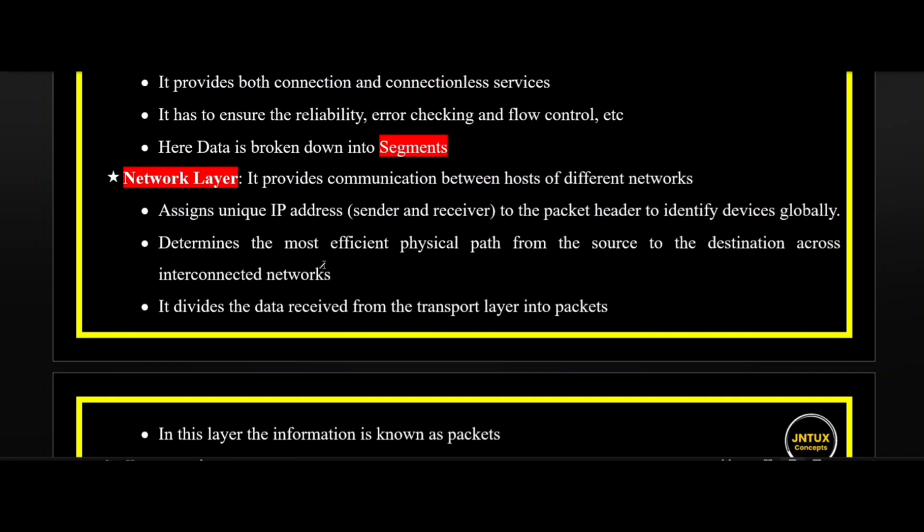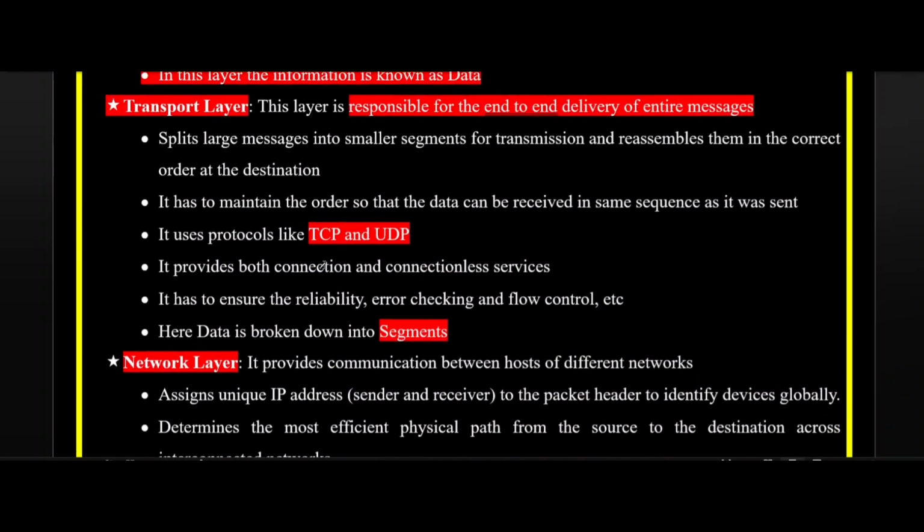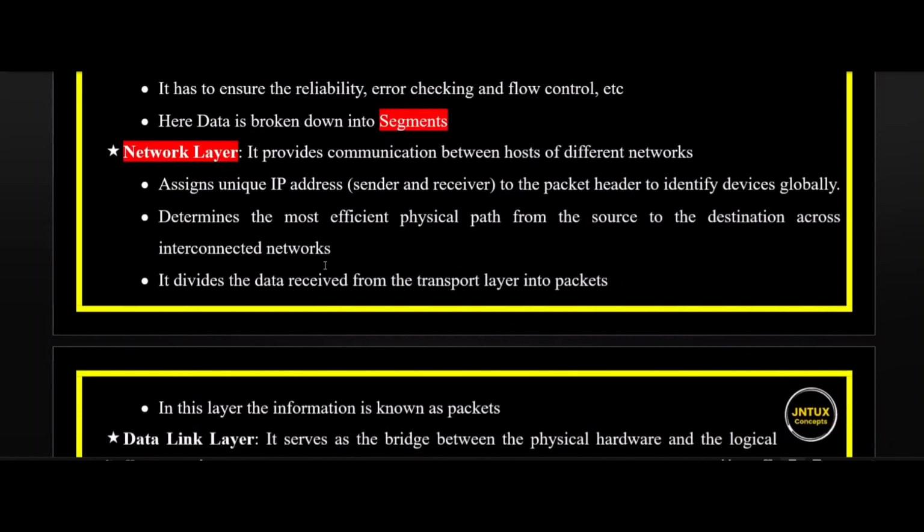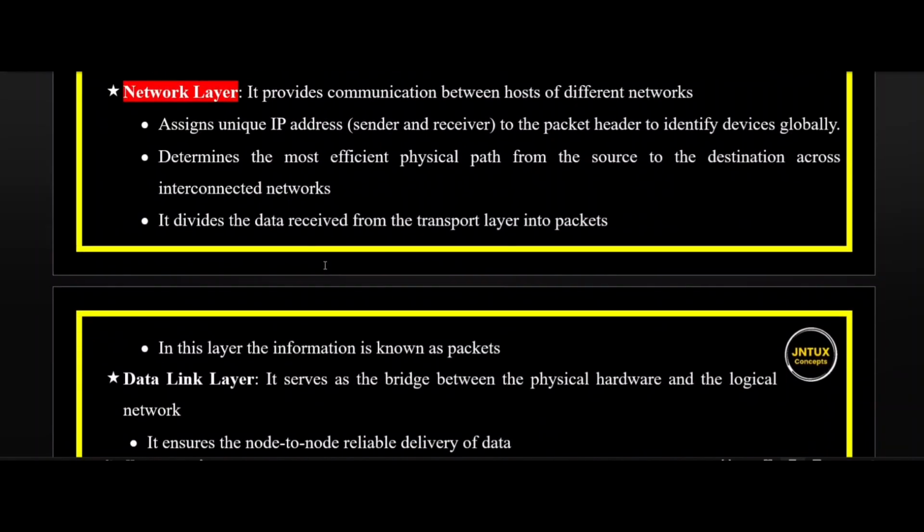It divides the data received from the transport layer into packets, and in the network layer, the information is called packets. In the previous layer, we said the data is called segments in the transport layer, but in the network layer, the information is called packets.